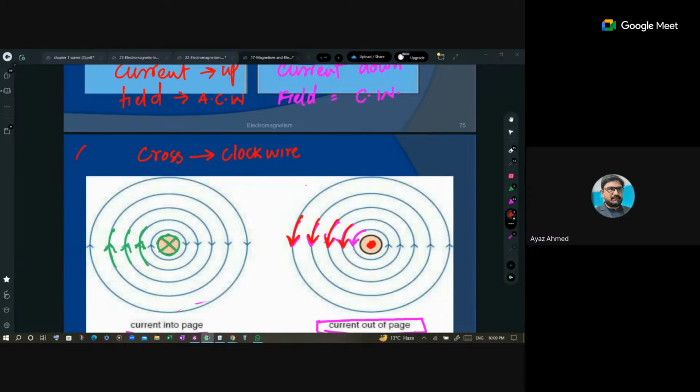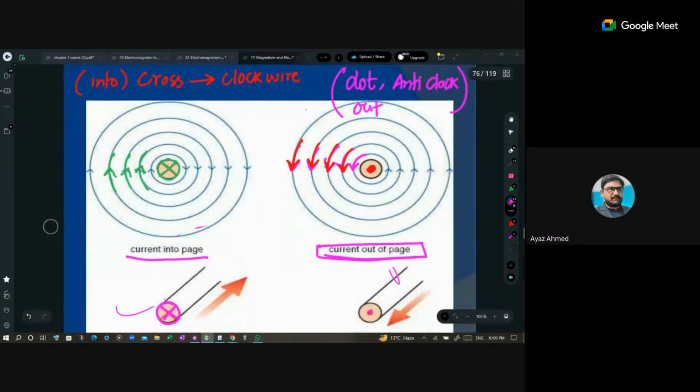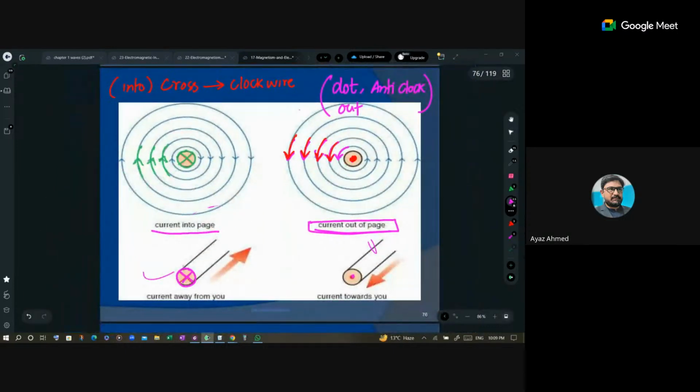Okay, and cross means into, dot is anti-clockwise. Okay, and dot means out. Now will you be able to remember this? Because questions are asked to you from this topic. Should I move forward?